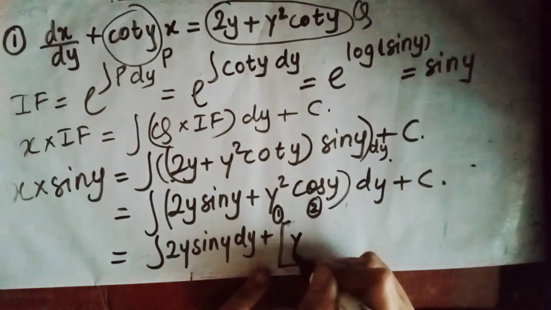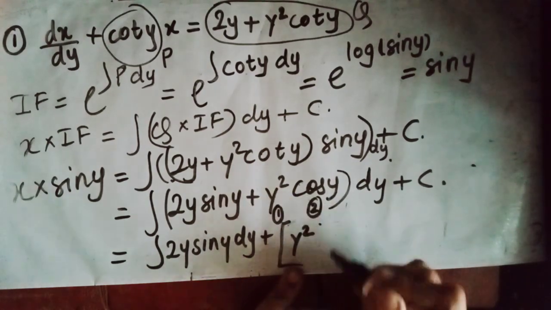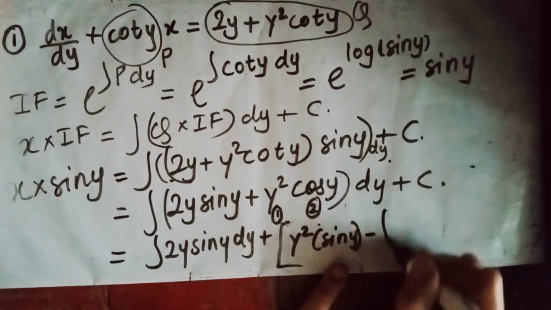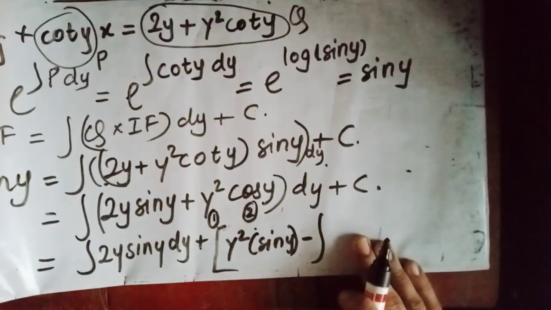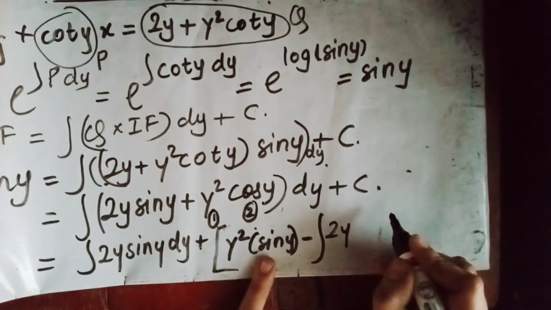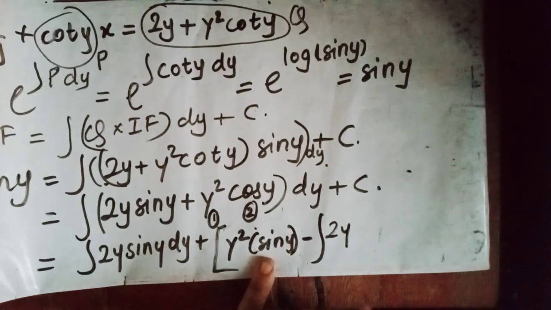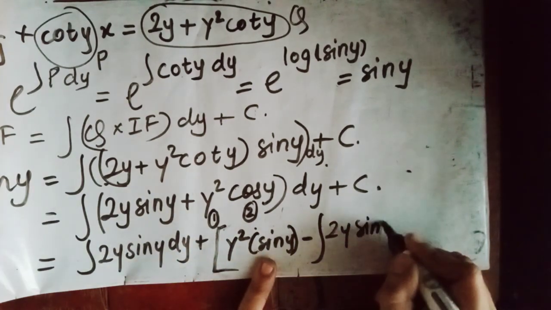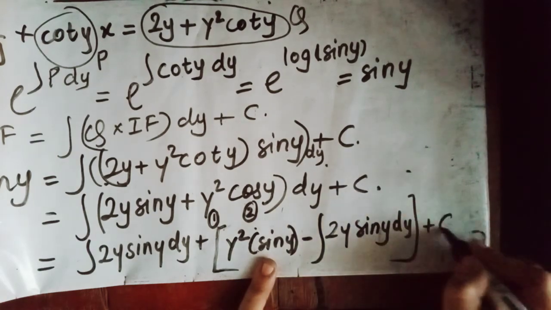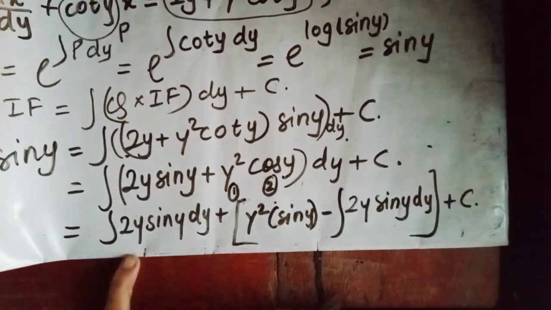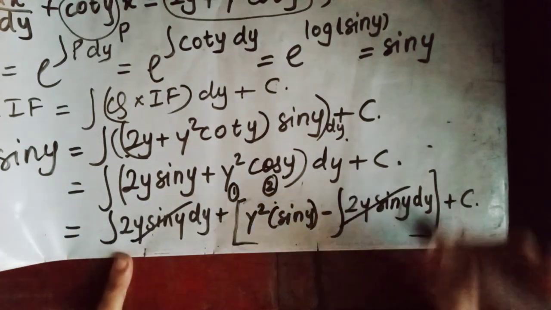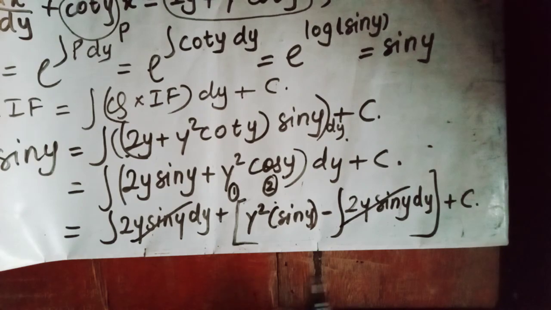So y square integral of cos y, which is sine y, minus integral of derivative of y square 2y and integral of cos y, which is sine y, dy, and here our c is there. Okay, so these two terms get cancelled. Okay, so you will get only this term y square sine y plus c.